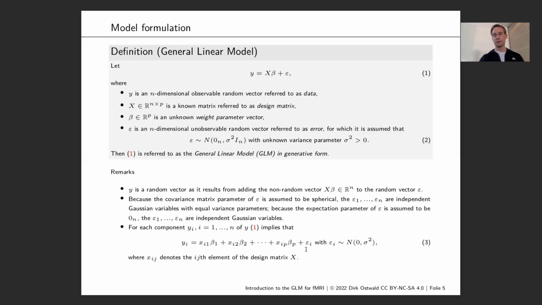But you also have this error term here, this epsilon i, which is one component of this epsilon vector, namely the ith component. And because the epsilon vector has the spherical covariance matrix, all these n epsilon i's are independent, and they are all distributed according to a univariate Gaussian with this variance parameter sigma square.